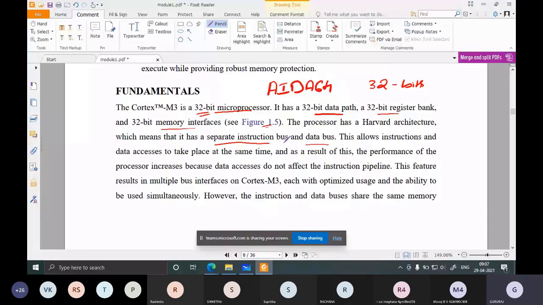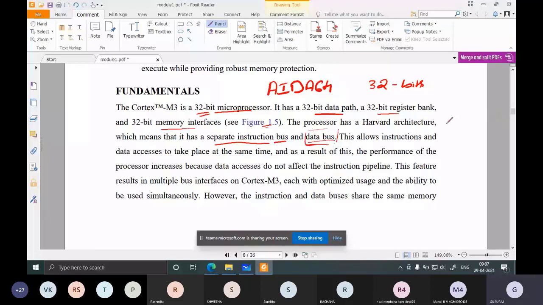To access a device, you send its address on the address bus, also known as the instruction bus. Once you send the address, that device gets activated, and once it is ready, you can either send data to that device or receive data from it using the data bus. Since it is a Harvard architecture, there are separate instruction buses and a separate data bus.